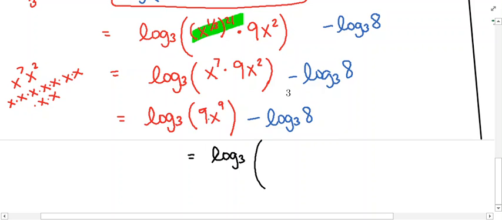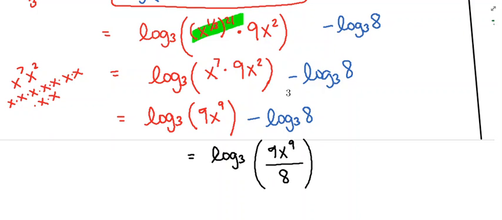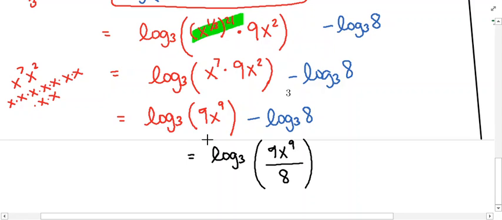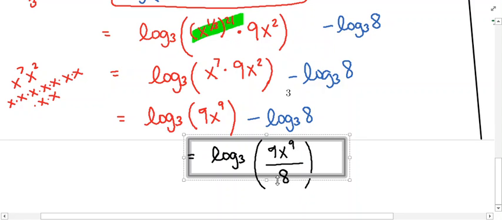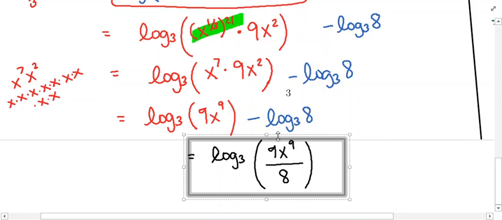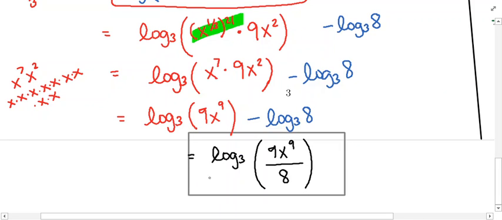The numerator is going to be the first thing, so the 9x to the 9th, and then the denominator is going to be the second thing, so over 8. And we are done. This is the answer. We have taken the three logarithms of base 3, and we've combined them into a single base 3 logarithm.